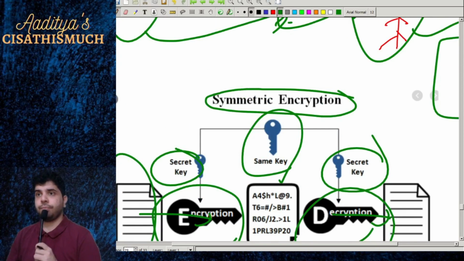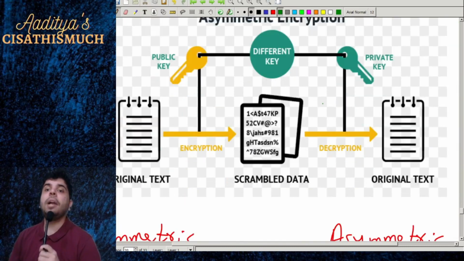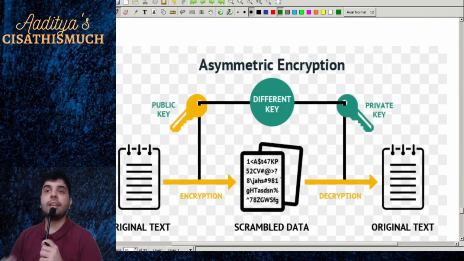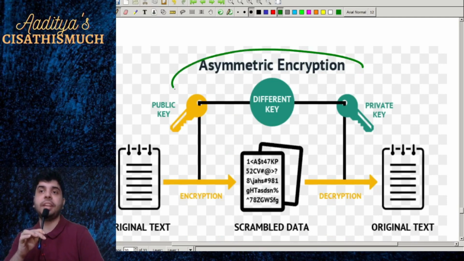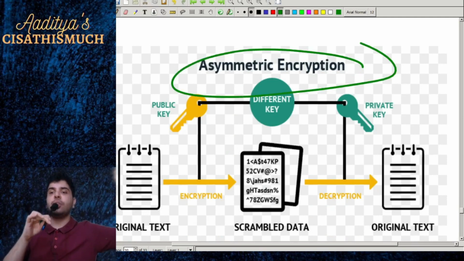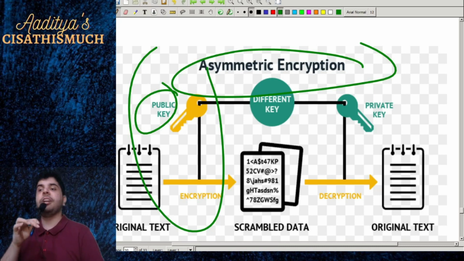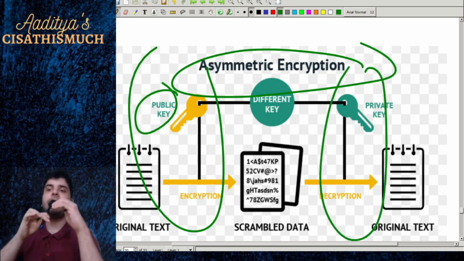So in case of symmetric encryption, the same key is used, but in case of asymmetric encryption, different keys are used. For encryption we use the public key, and for decryption we use the private key.